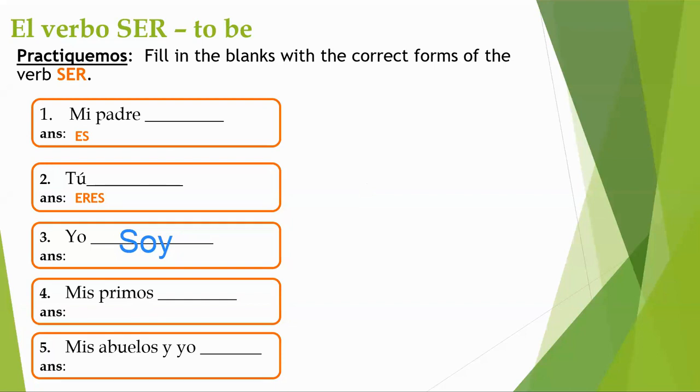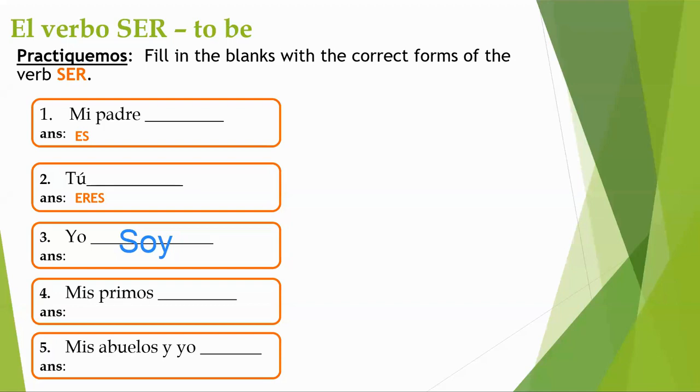Can anybody help Nakia? If you have abuelos y yo, anytime you're talking about somebody else and then you say y yo, what does that mean? Your conjugation is always going to be what? You're talking about your grandparents and you, so what pronoun would you use?